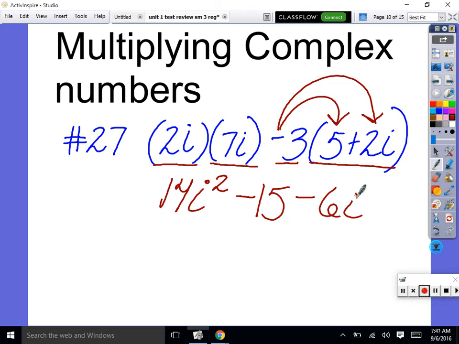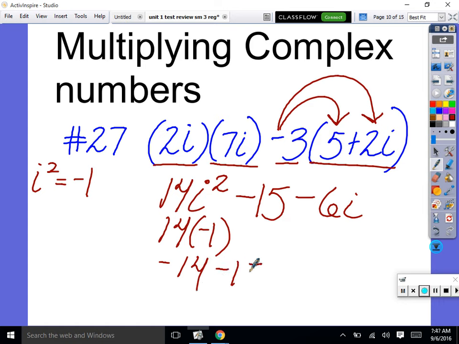Anytime you have an i squared, you know i squared is literally equal to negative 1. So look up here. Isn't this 14 times i squared? Yes. So isn't that the same thing as 14 times negative 1? Yes, which is negative 14. So really we have negative 14 minus 15 minus 6i. Combine real parts with real parts, imaginary with imaginary.